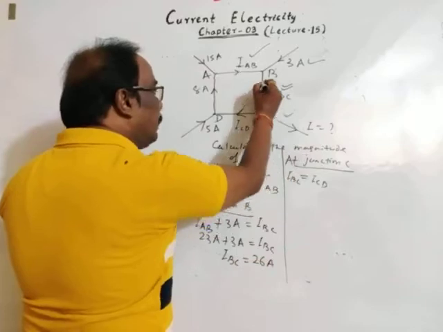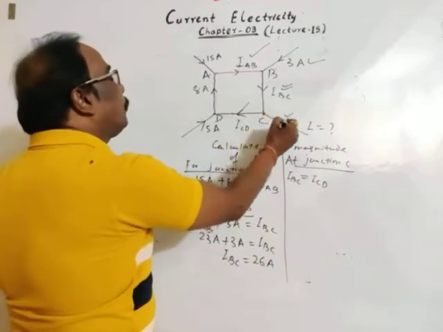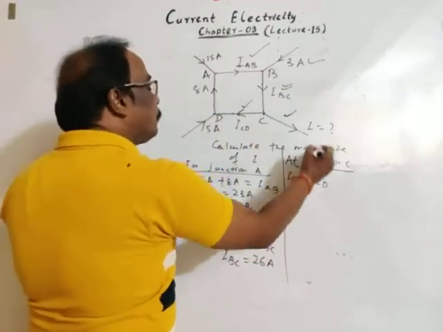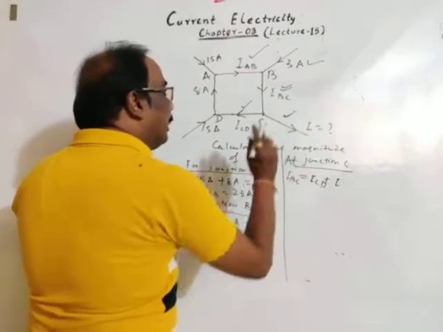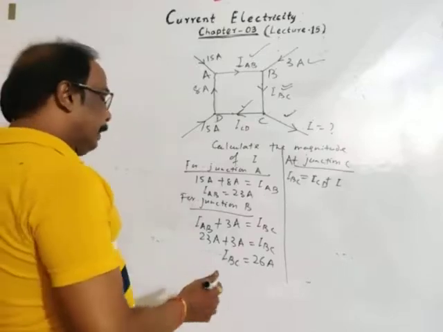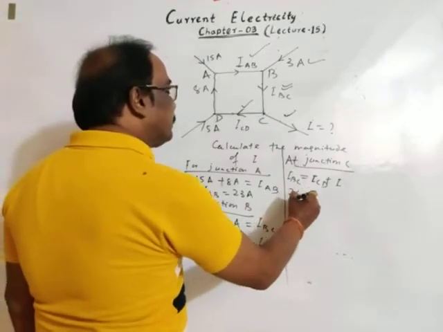Incoming current is equal to total outgoing current. Then IBC is 26 ampere.